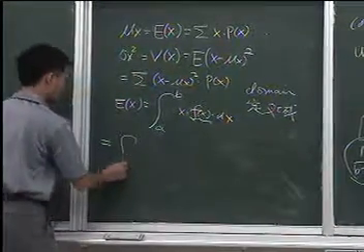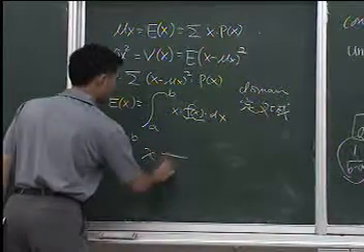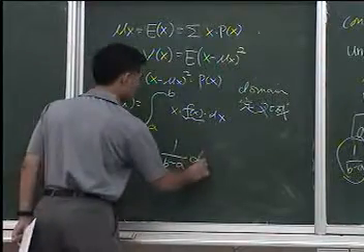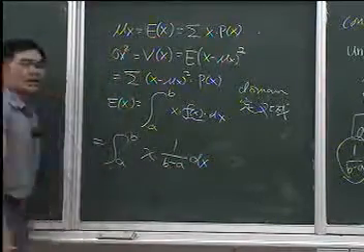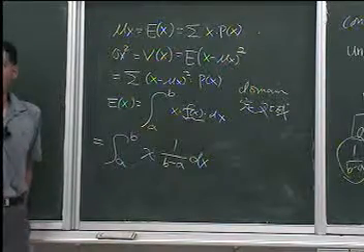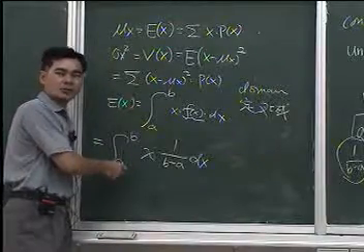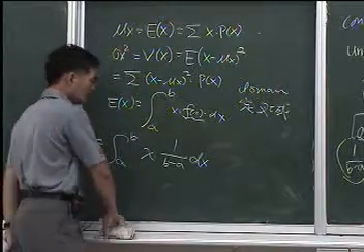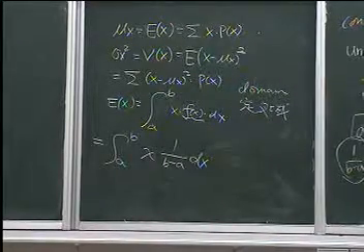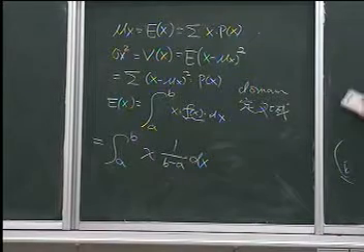So what we have, integral from a to b of x times 1 over b minus a dx. Okay? Any questions so far? And this is what we call definite integration. We have these numbers here, then we just calculate them and should be able to get the answer.